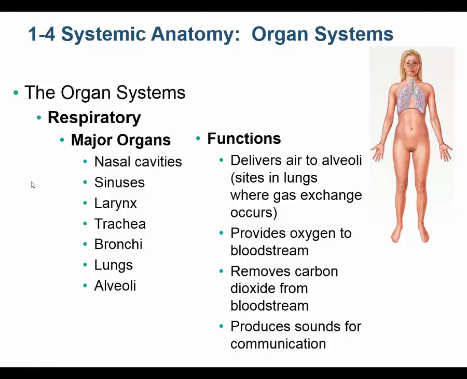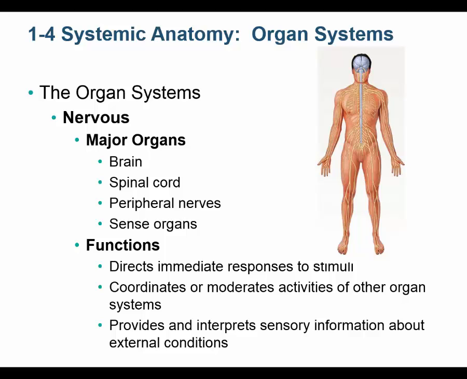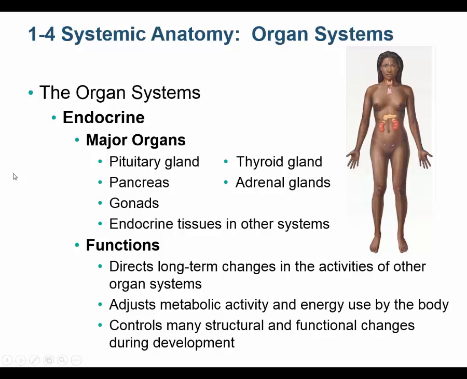Respiratory system, it's how you get the oxygen into the blood, and you get rid of CO2 waste at the same time. Nervous system, communication. Now it's communication. Endocrine system is communication. So what the heck's the difference between nervous and endocrine? Nervous is very fast and short-lived communication, and endocrine is slow and long-lived communication.